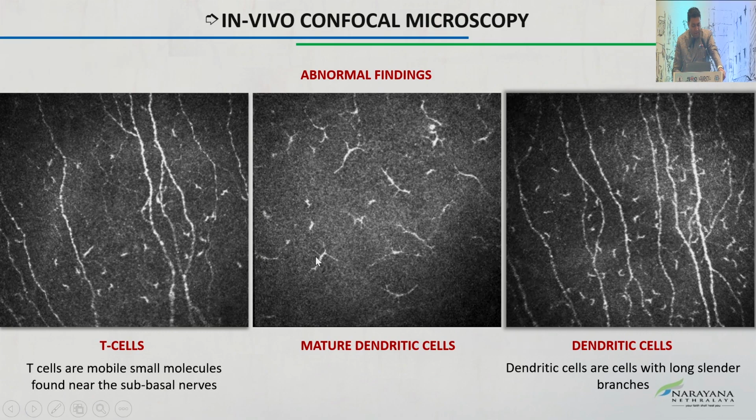These cells, for many years, we were looking at as dendritic cells, but now we have to look at the re-terminologies. These are T cells. They don't have those dendrites. They are those white dots here, and mature dendritic cells. You can have a mix of dendritic cells, and some of them lying very close to the subbasal nerves.